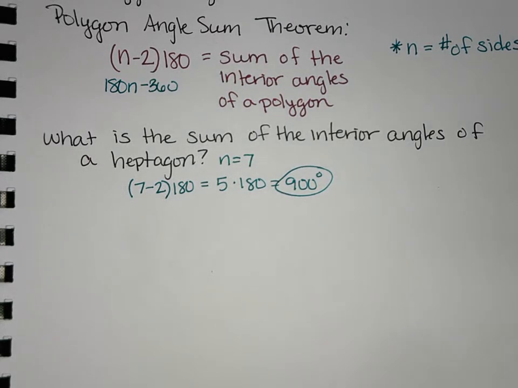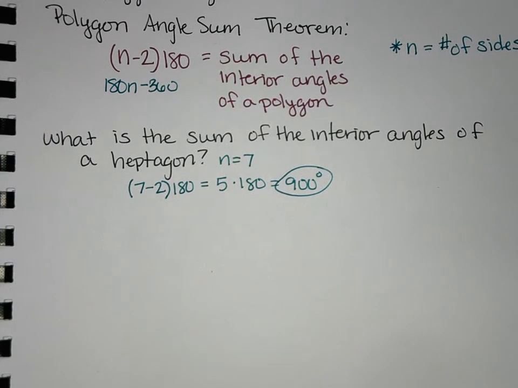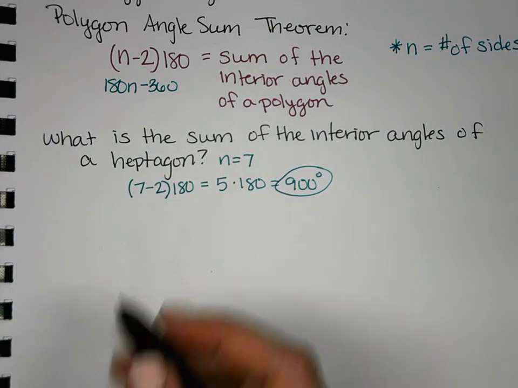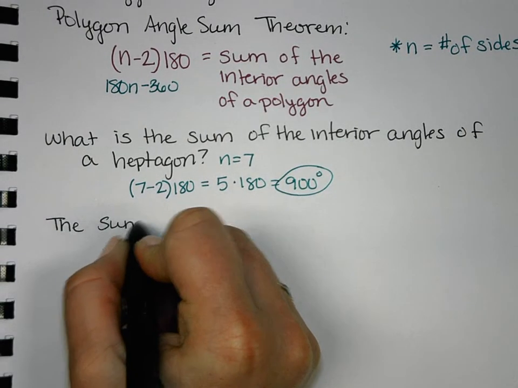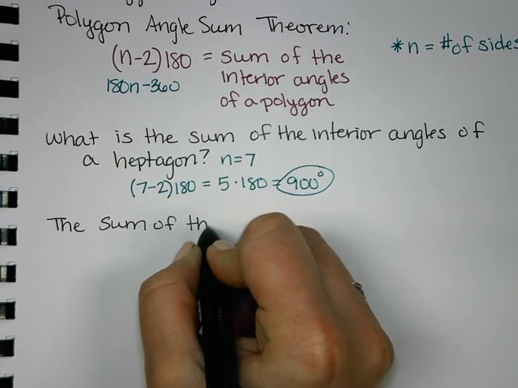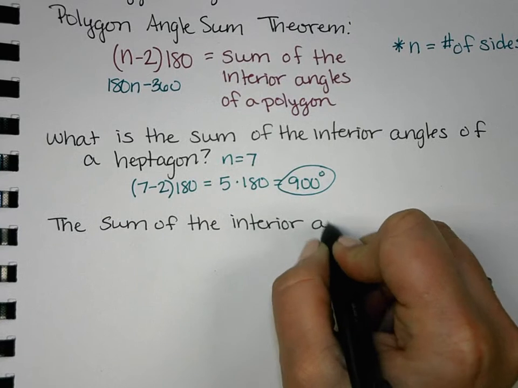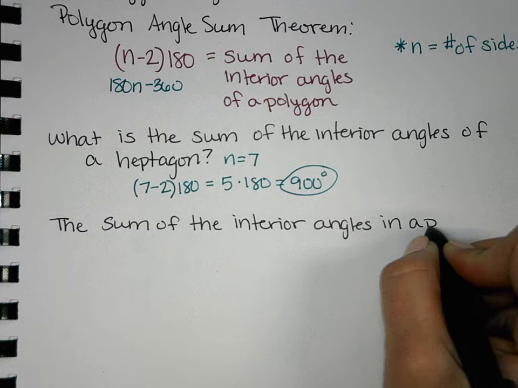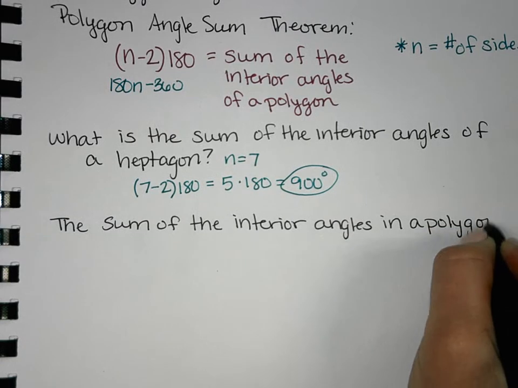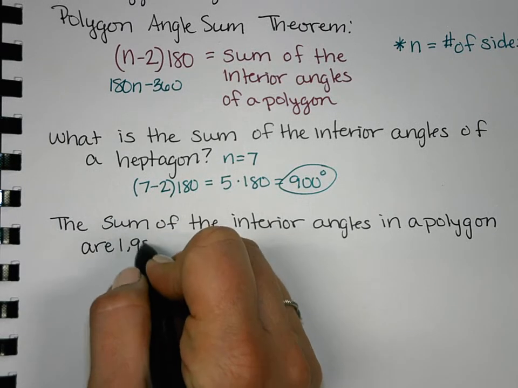We are also sometimes asked to use the same formula going backwards. And what I mean by going backwards is they tell us that the sum of the interior angles in a polygon are 1,980 degrees.